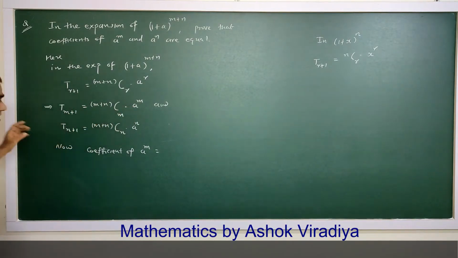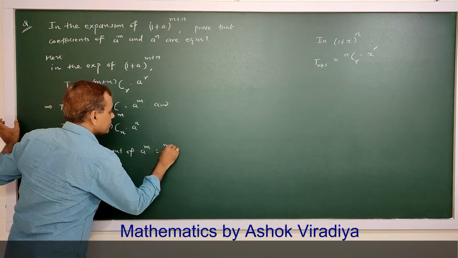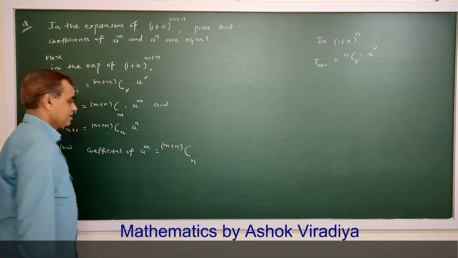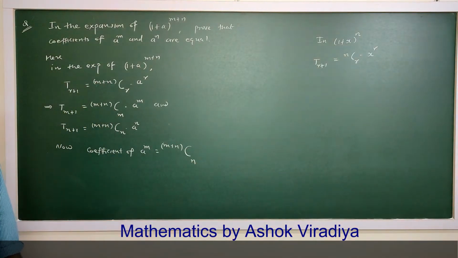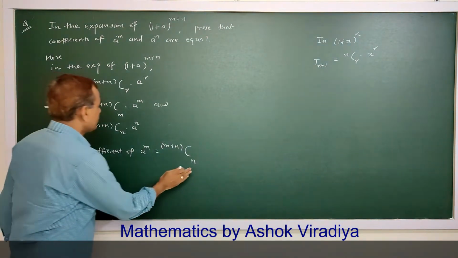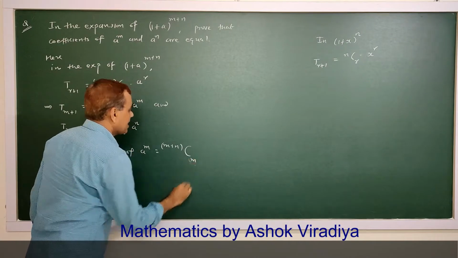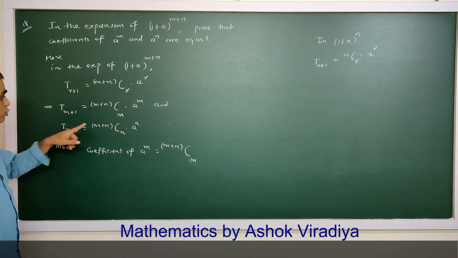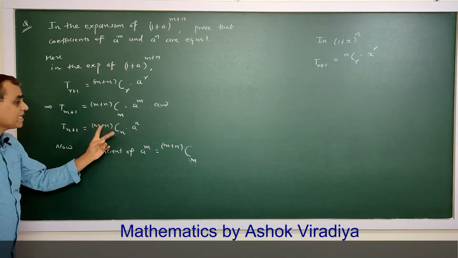So its coefficient is m+n C m, and the coefficient of a raised to n is m+n C n.